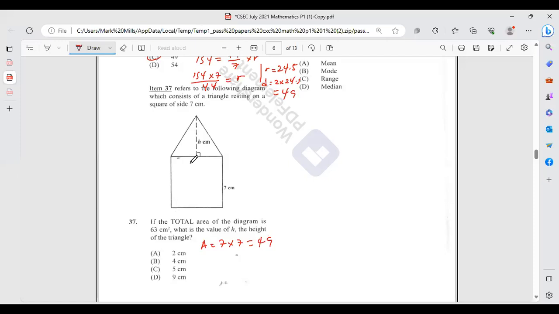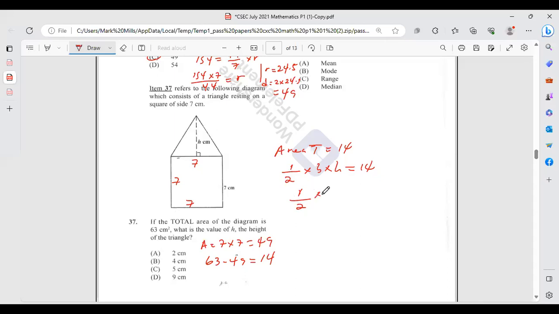There will be 7, 7, 7. They asked me to find the height, so I'll say 63 minus 49. What do I get? 14. So the area of the triangle should be equal to 14. It'll be half times the base times the height equals 14.